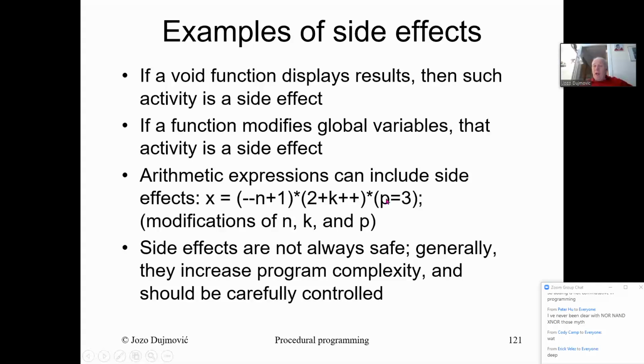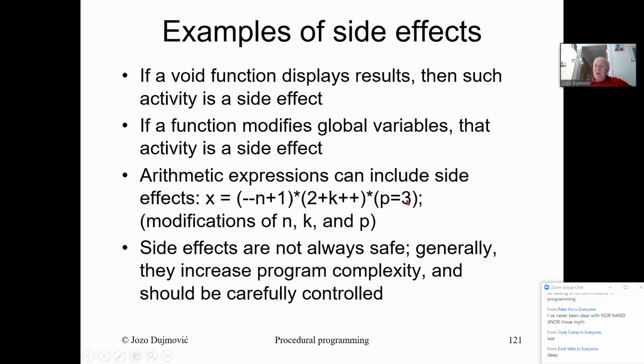So assignment of 3 to p is a side effect. Incrementing k is a side effect. And decrementing n is a side effect. But you can write it in this way. You first decrement n, and then add 1 to that. Then you compute 2 plus k, and then after that increment k. And then assign 3 to p, and then multiply these three things and put the result in x.